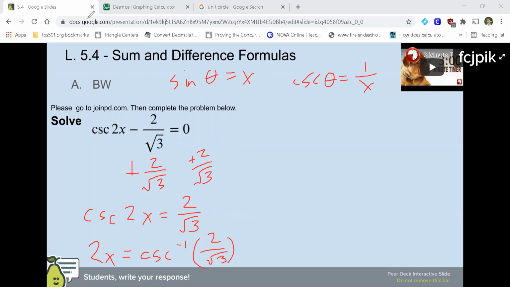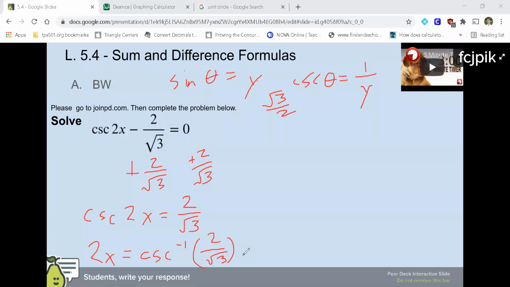Sine tells us the y value. So cosecant is 1 over y. Okay, so really, how you could find this on the unit circle is if you flip it, it would be square root of 3 over 2.